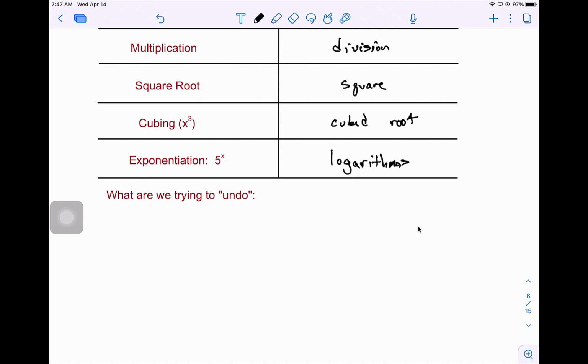Just like square roots and squares are the opposites of each other, they undo each other. Exponentiation and logarithms, that's what a logarithm is. It helps undo when you've got a variable in the exponent. It'll kind of bring it down into the actual problem so you can solve for it. Okay? So that's what we're looking for. That's kind of at least what a logarithm does.